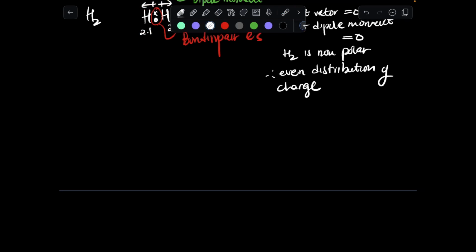Now let's look at this molecule, which is HBr. They are bonding. I'm not going to show the lone pairs there.